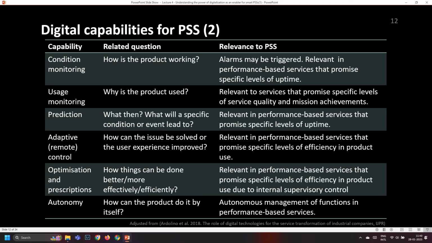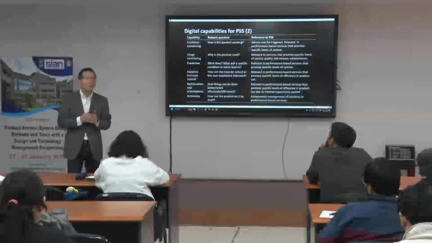What's the condition? How is the product working? Why is the product used? Regarding the purpose, I think you probably studied and learned different cases of industry regarding digitalization.